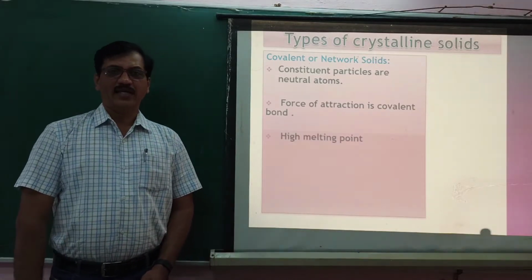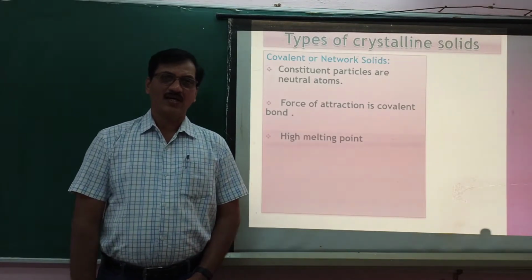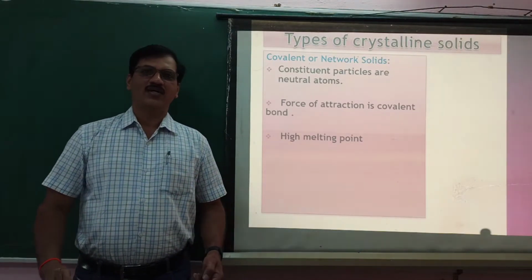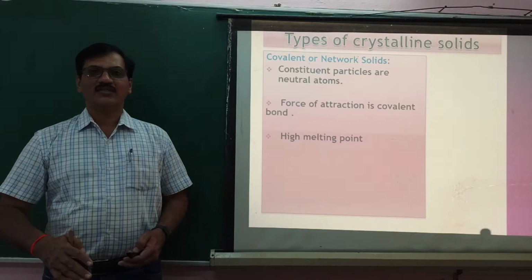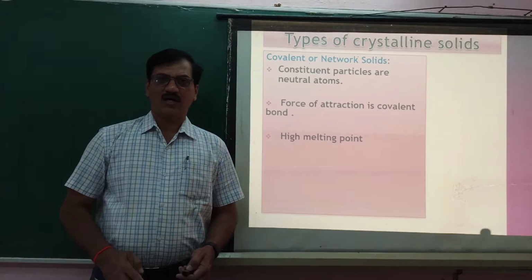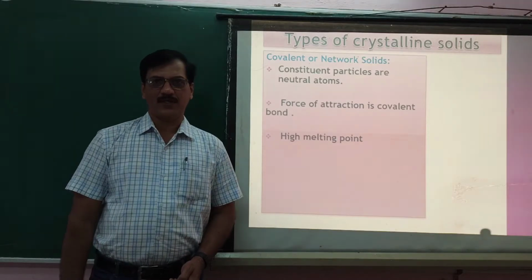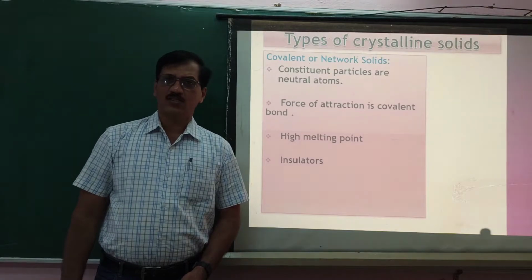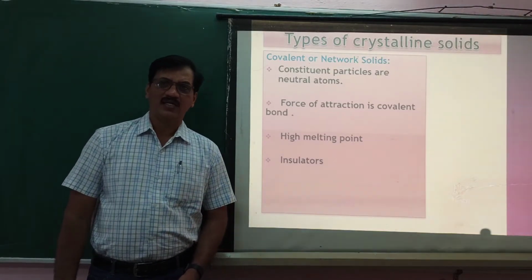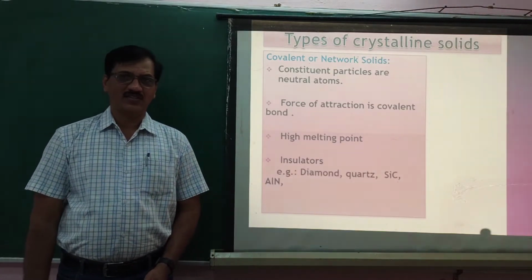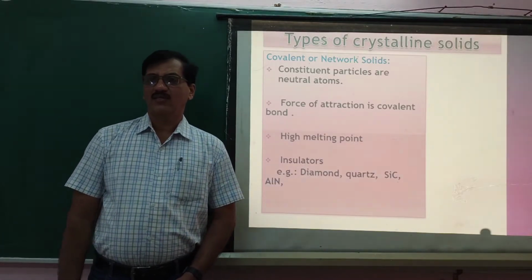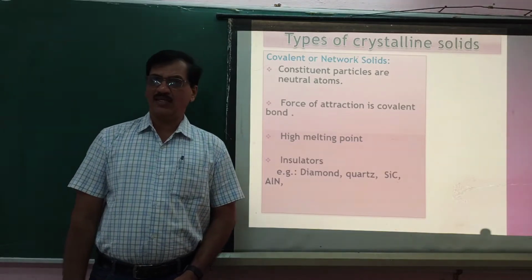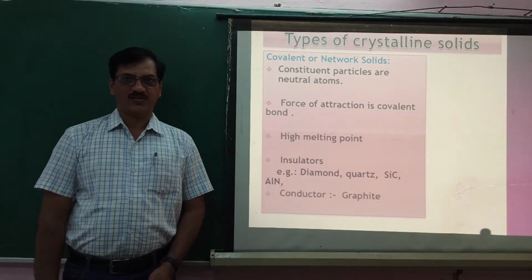It consists of neutral carbon, but each carbon forms 4 bonds with other carbon atoms, and an array of covalent bonds is present in diamond. They have high melting point because of this strong covalent bond, and they are insulators. Diamond, quartz, silicon carbide SiC, aluminium nitride AlN, all these are insulators.